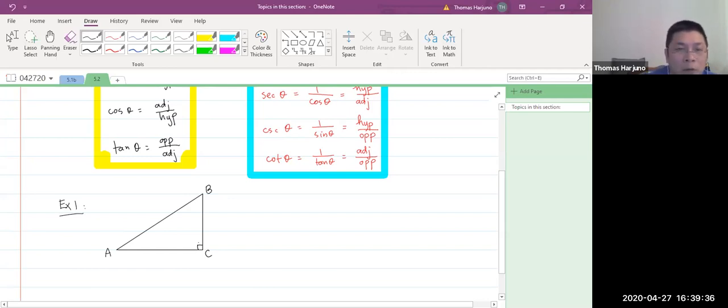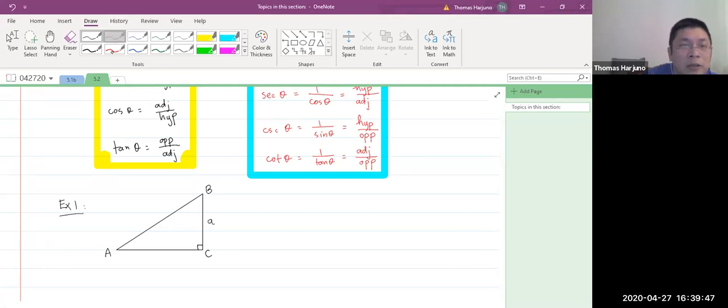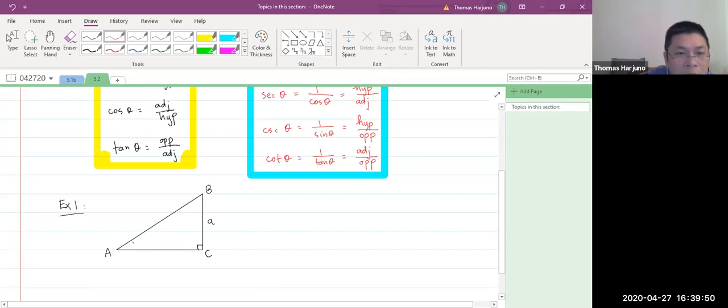Now, the naming of our triangle: if named after the vertices, then the side opposite that angle is denoted by the lowercase letter. So let's say this is vertex A, then the side opposite to that vertex is written using the lowercase of the vertex. So this will be side b. The hypotenuse will be side c. Well, anyway, don't worry about that for now. That's something you're supposed to have learned in geometry though.